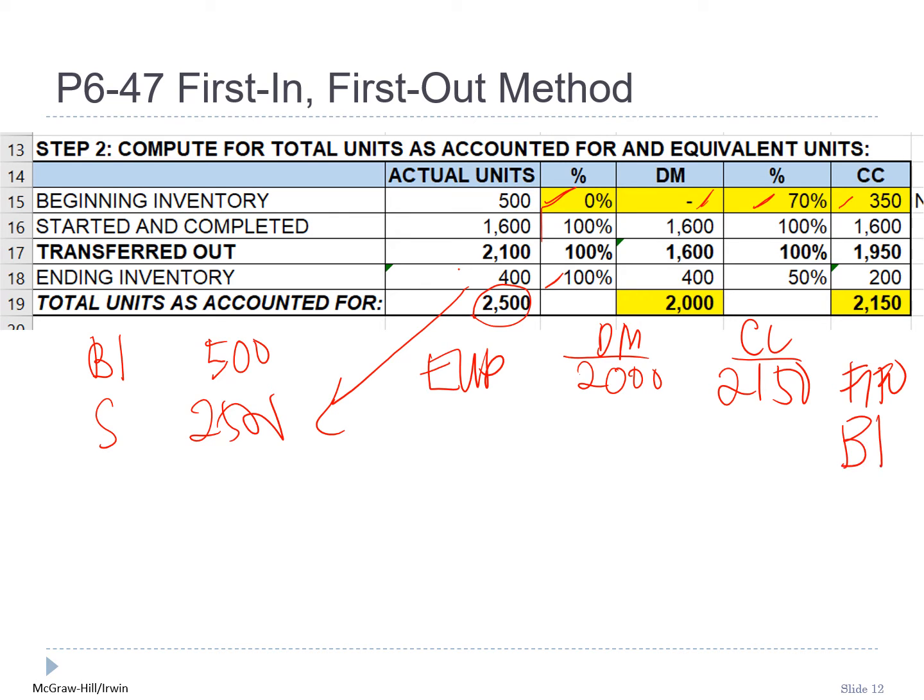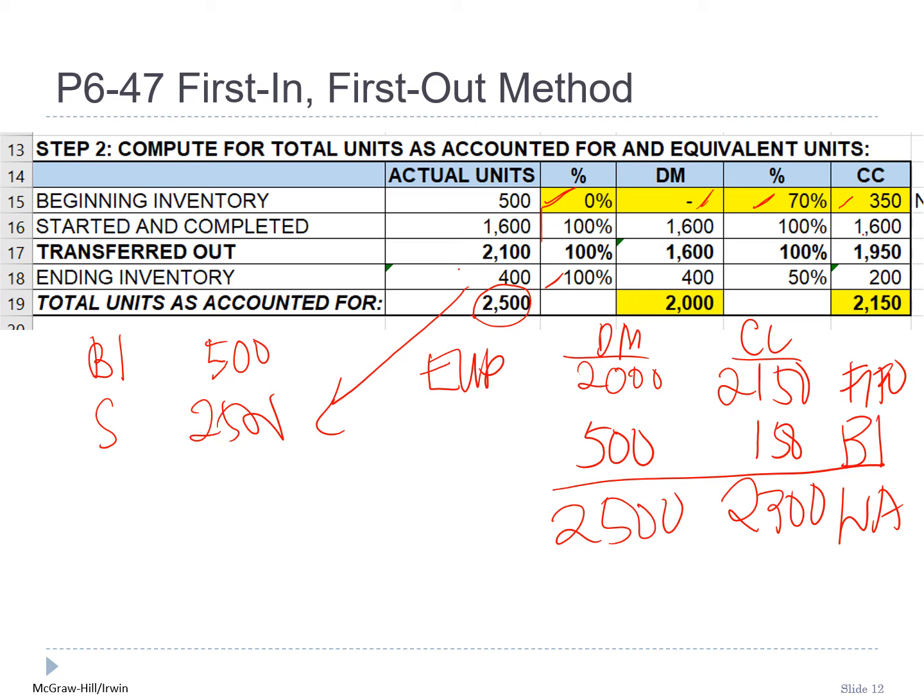If I want to convert it into weighted average, I just add the EUP in the beginning inventory that we did not include. For example, for direct materials, 100% of 500, since it is 0 here. That means the 100% of 500 was from last month, so I did not include the 500. Then for conversion, the 30% of 500, which is 150. Let me check if that is right. 500 times 0.3, so that's correct, 150. So direct materials comes out to 2,500, and conversion to 2,300. So if you check, this should be our EUP in the weighted average.